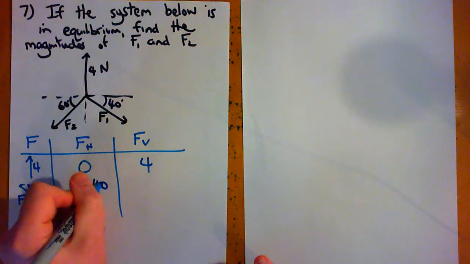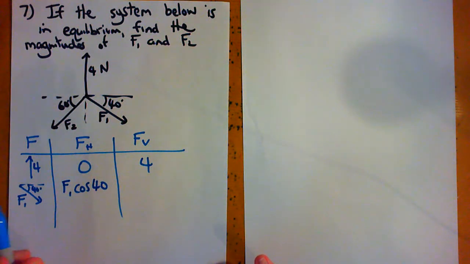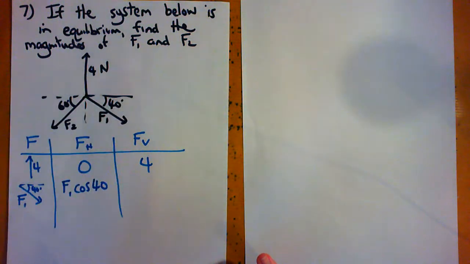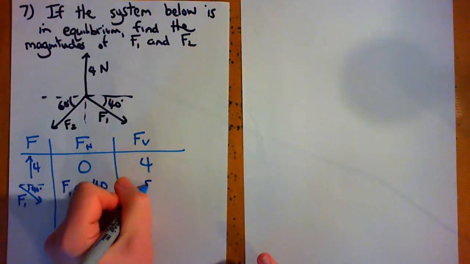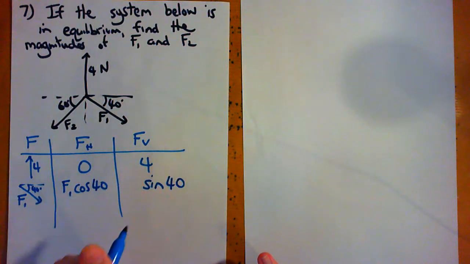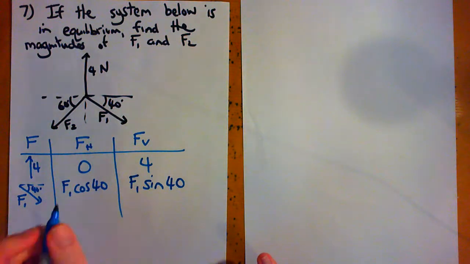Angle is 40 and the size of the force is F1, pointing to the right, so the horizontal component is positive. And for the vertical component, we're finding the opposite side, so this will be the sine side. Angle is 40 degrees, the size is F1, pointing downwards, which makes it negative.